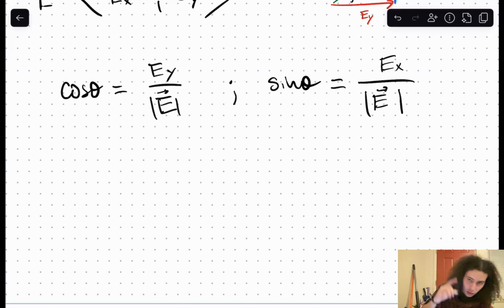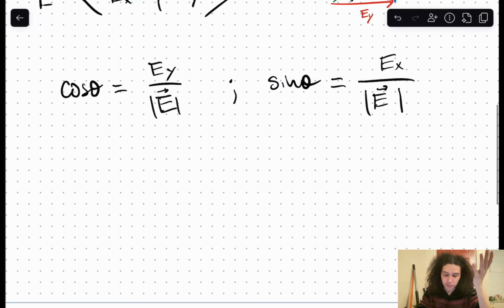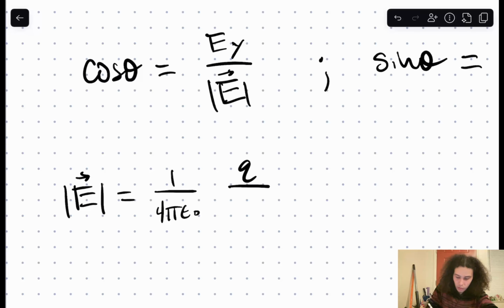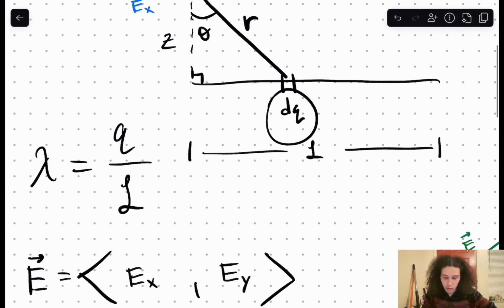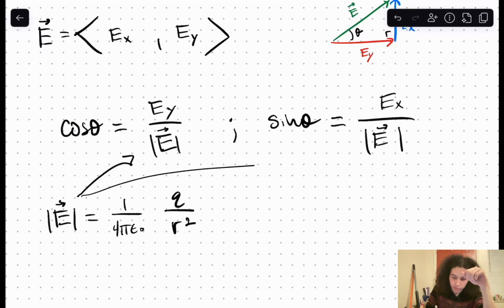Now, recall we're using here a point charge, so to speak. It's an infinitesimally small length of this rod here. But the magnitude itself, we can relate it to the electric field of a point charge. And so this E here, we say, all right, 1 over 4 pi epsilon naught Q over R squared. So that goes there for both of them.